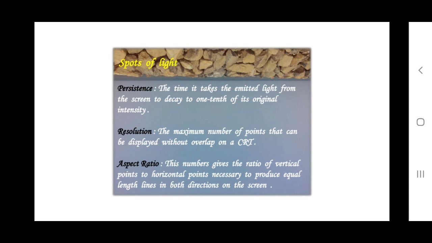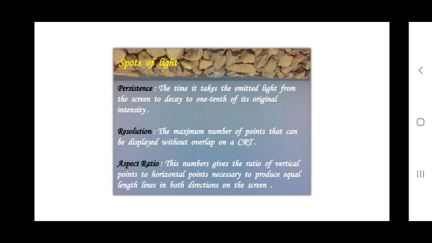It is the number given to the ratio of vertical points to horizontal points necessary to produce equal length lines in both directions of the screen. So aspect ratio shows the ratio of vertical and horizontal points that are placed on the screen.